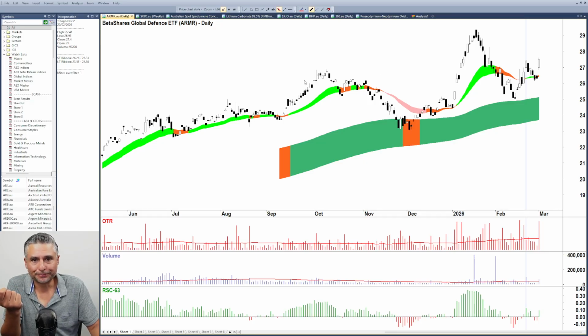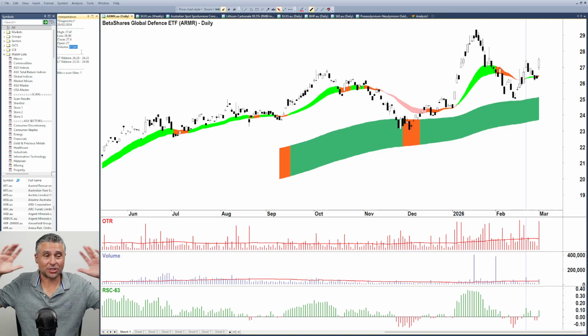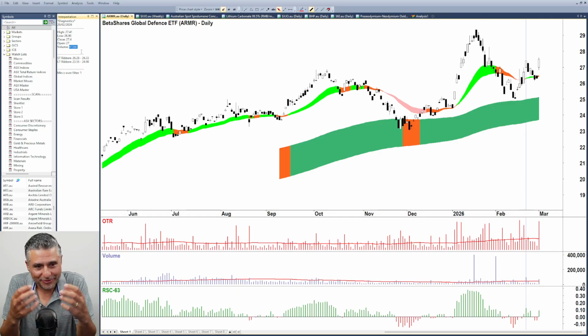But I'd put to you that 97,000 shares on a $27 stock is not that much anyway. I wouldn't say there's a resounding, emphatic movement of capital in here. So just keep that in mind also. They can be quite illiquid, these ETFs, and generally market-made instruments.